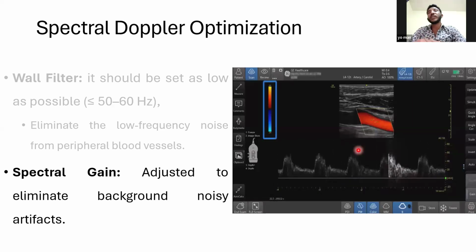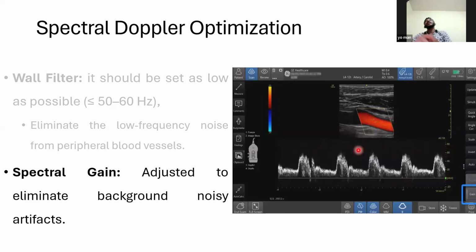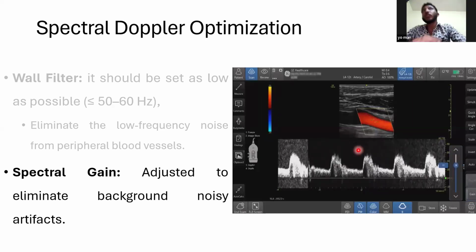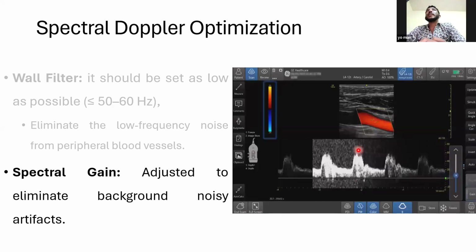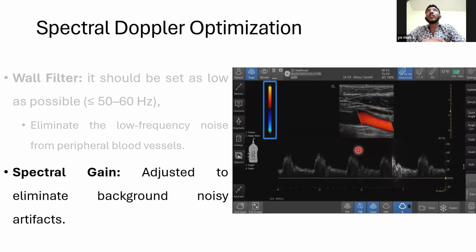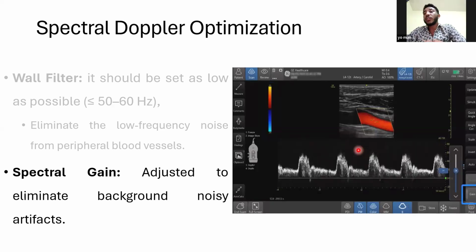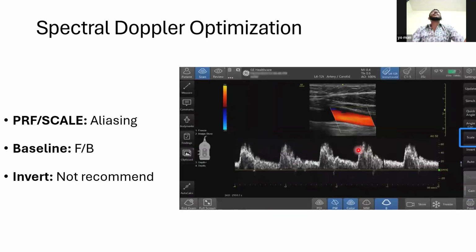Adjusting the spectral gain not only helps in visualization of the spectral tracing, but also helps the trace, either automatic or manual, of the peak systolic velocity, and we are going to see that when the time comes.